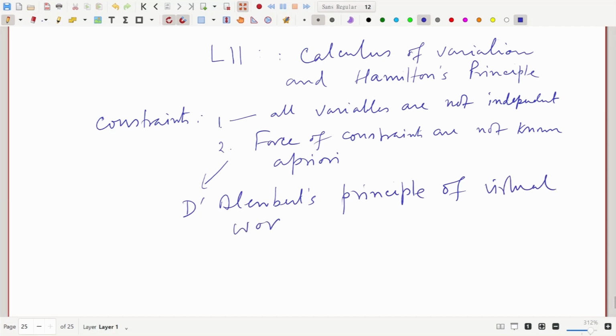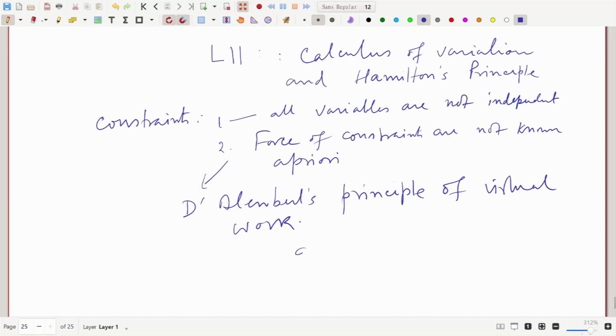What is the principle? The principle was that the virtual work done by all forces of constraint is considered 0, and that principle leads to the equation of motion which we called D'Alembert's equation.